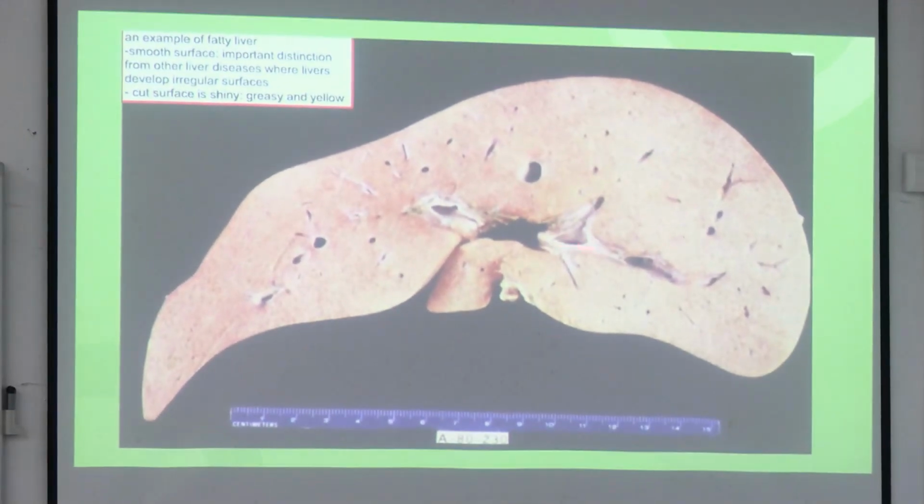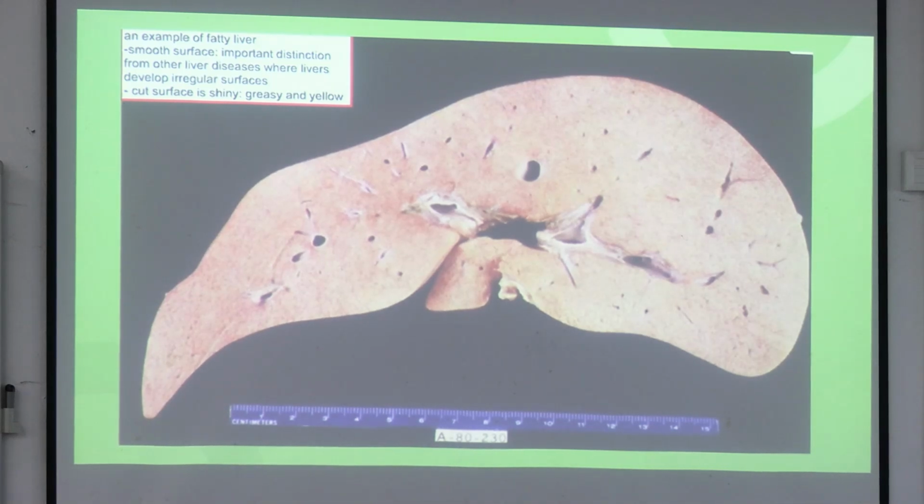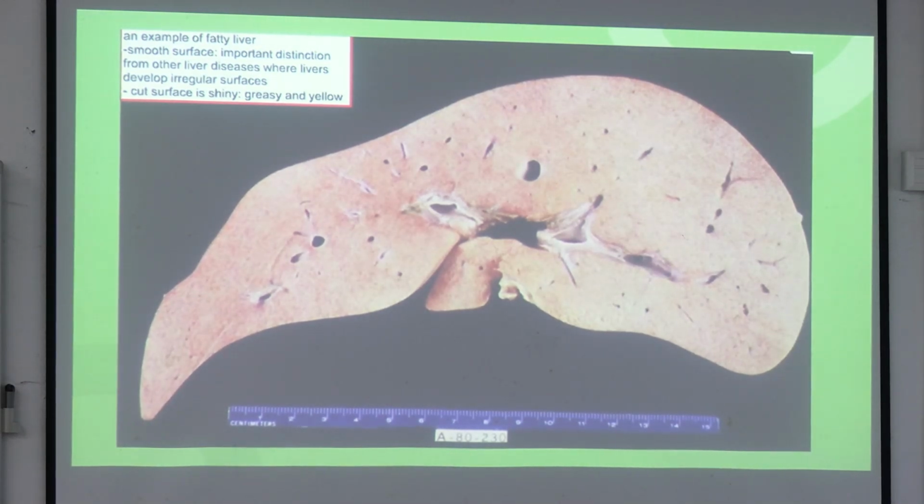Fatty liver, how does the liver look? It is enlarged in size, it has a smooth, glistening surface. This is an important distinction from other liver diseases: smooth surface.